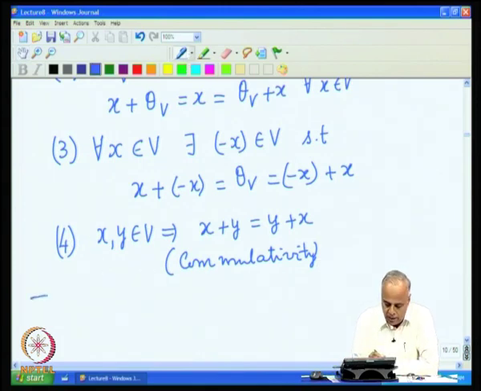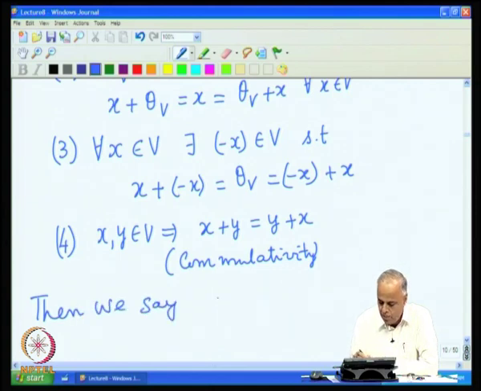Then we say V together with that operation plus is an abelian group.